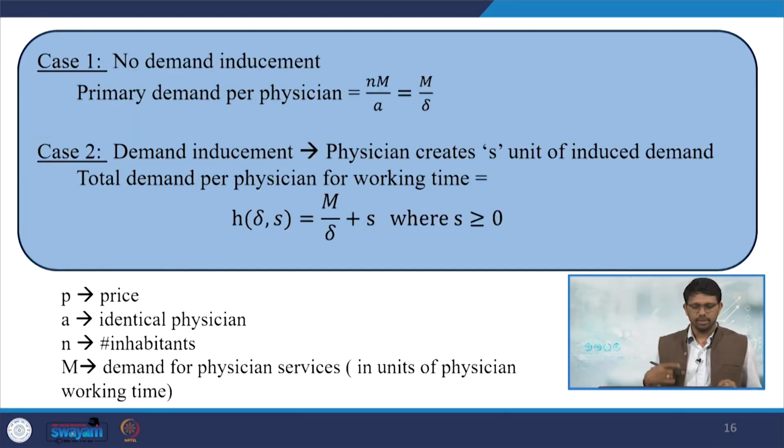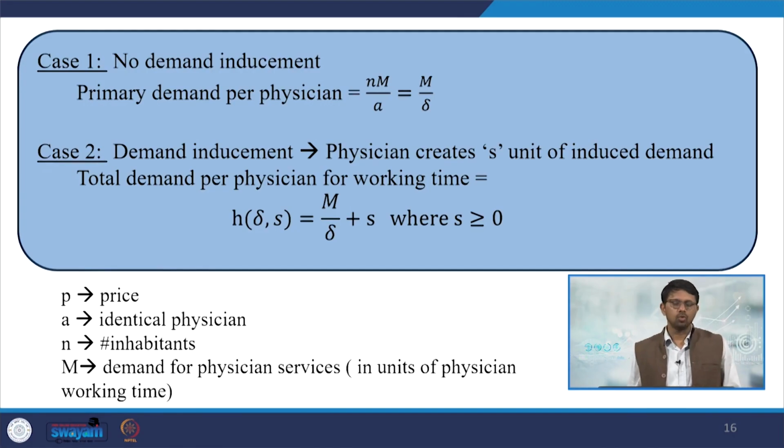Starting with the first case where there is no demand inducement, and the second one is with demand inducement. In case 1, with no demand inducement, primary demand per physician is equal to the number of population times the medical services.